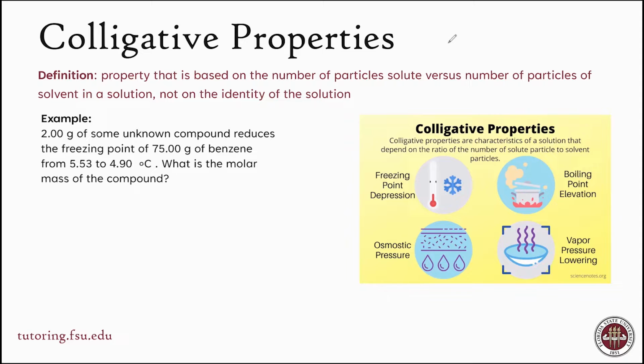Carrying out this calculation and plugging everything in, again, delta T is equal to Kf times m. We know delta T is 0.63 degrees Celsius, which equals Kf, which is 5.12 degrees Celsius per molality, times that m, which we replace with X number of moles of unknown per 0.075 kilograms of benzene.